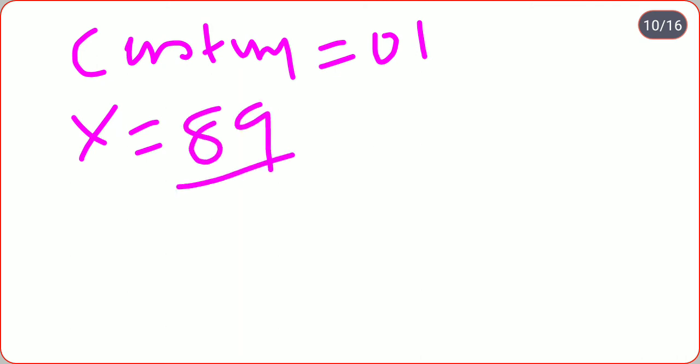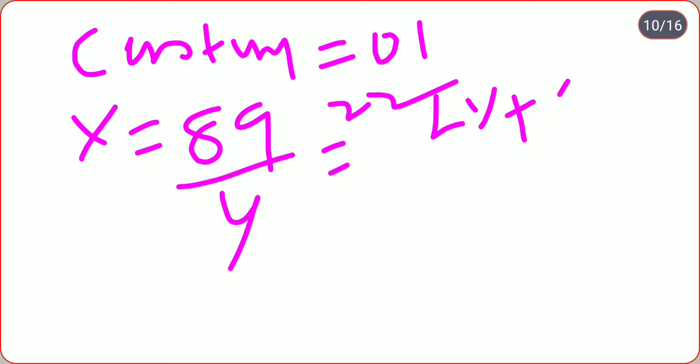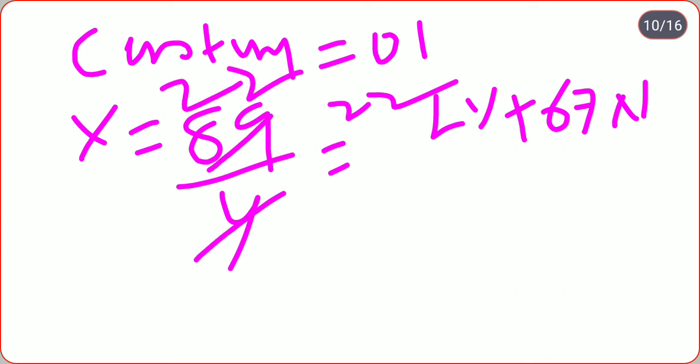Divisible by 4, that is 22. 22 leap years plus 67 normal years. Are you understanding? 4 twos are 8, so 88.